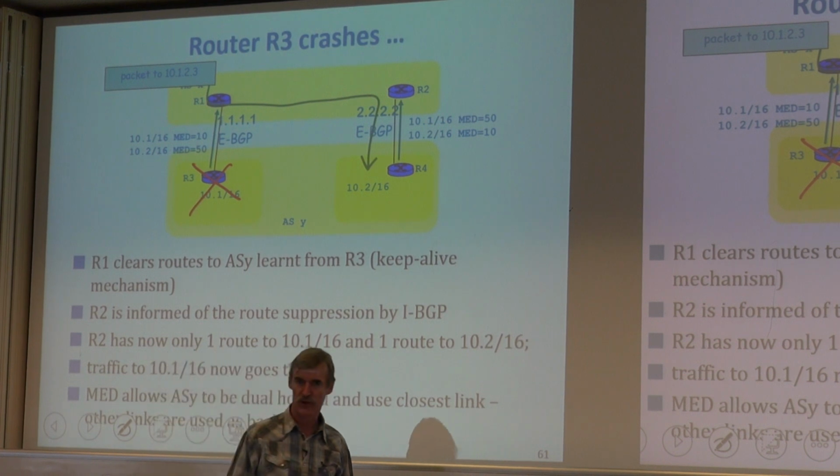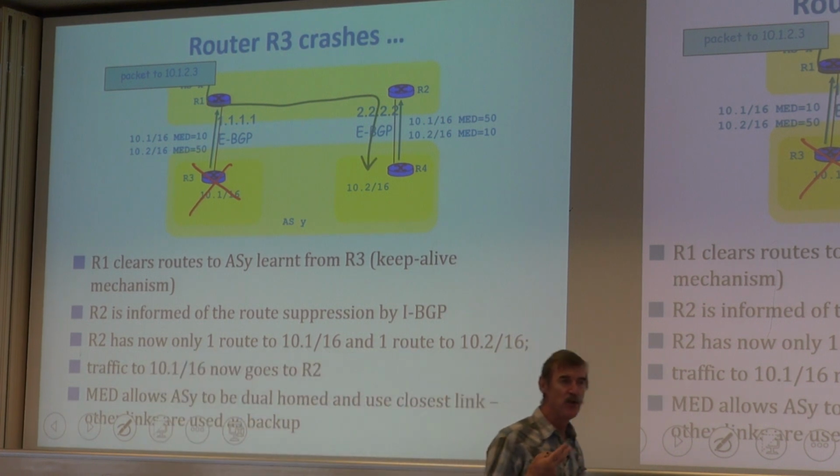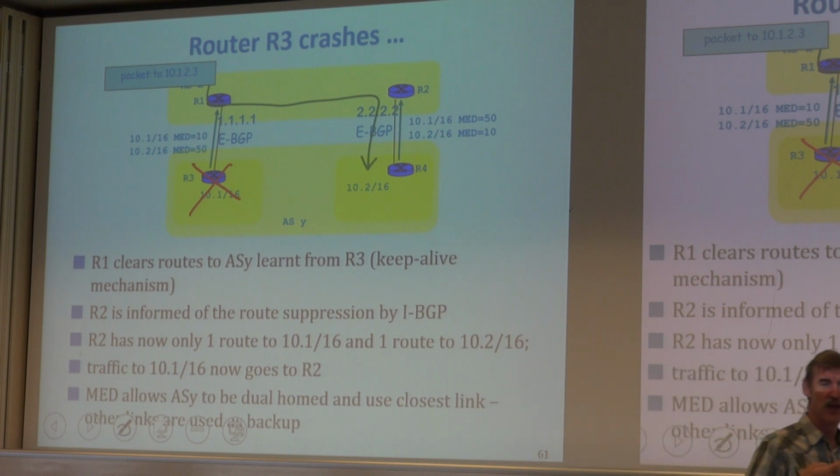We can check here, of course, that the value of this is to be able to have several routes to the destination. In particular, if router R3 crashes, for example, what will happen? Well, R1 will detect the crash and will clear all the routes that were based on the announcement received from R3. So it will clear the route that says that 10.1.16 was reachable via the next hop 111.